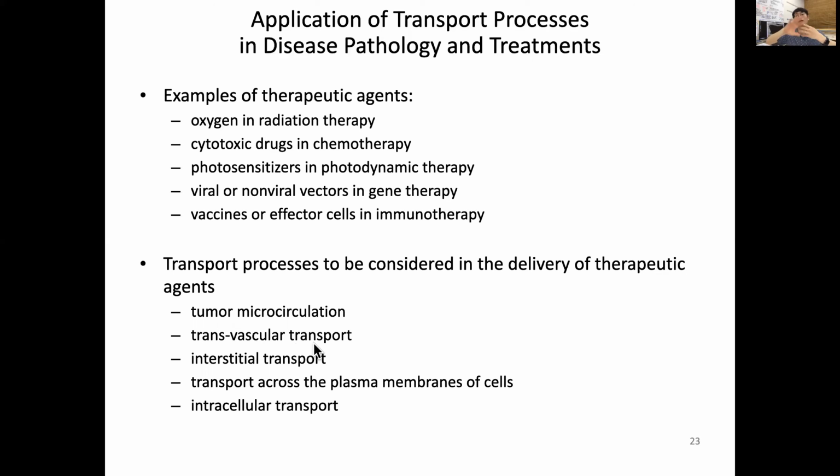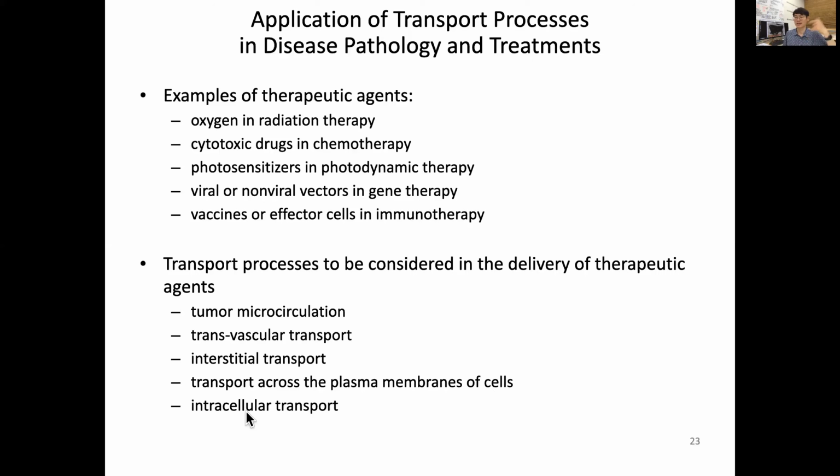What about when the therapeutic agents pass out of the vessel? Then it will be in the interstitial space. It has to move on towards the cancer cells. So interstitial fluid flow or interstitial transport becomes very important. And now it gets to the tumor cells, and the transport across the tumor cell plasma membrane will also, again, be important.